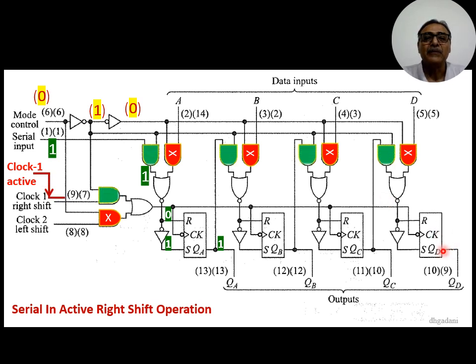So this way, whenever mode control is connected to logic 0 and clock pulses are applied to the clock 1 terminal, at that time this circuit works in serial in, serial out shift mode.